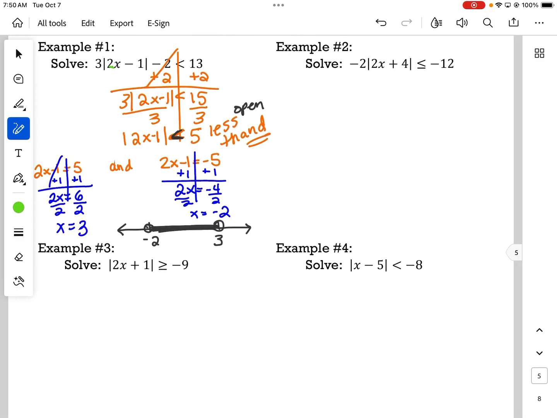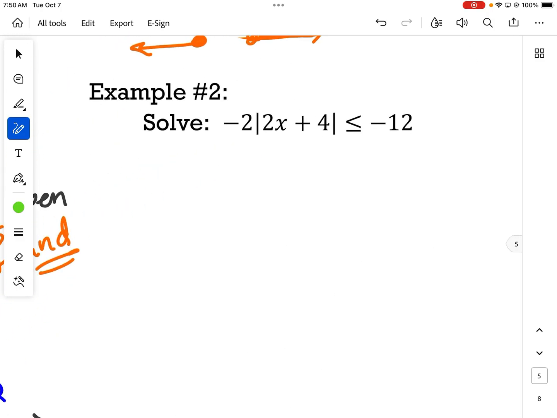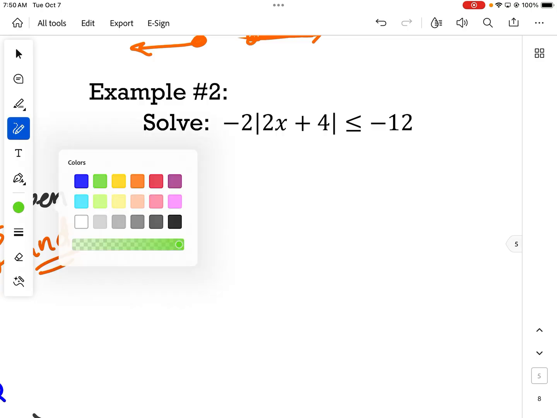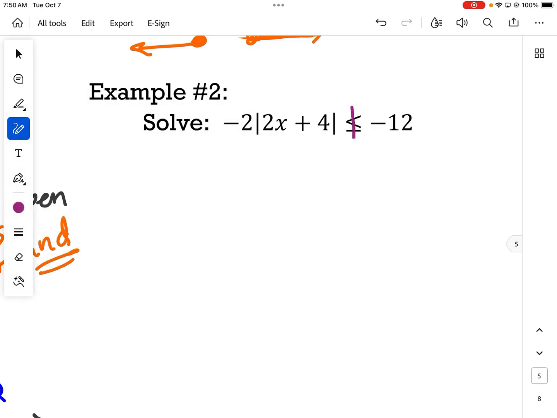Okay, let's go to the second one. Before we set two equations, we've got to get the absolute value alone. So draw your line down your inequality. We have -2 times the absolute value is less than or equal to -12.